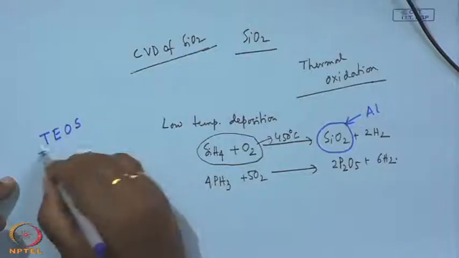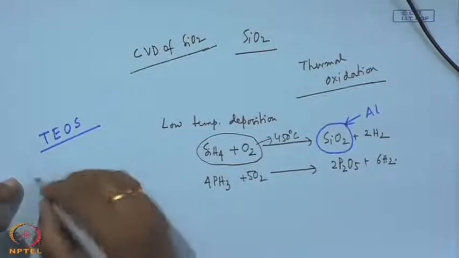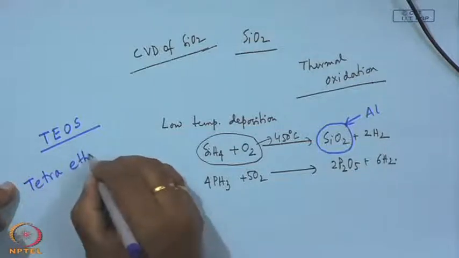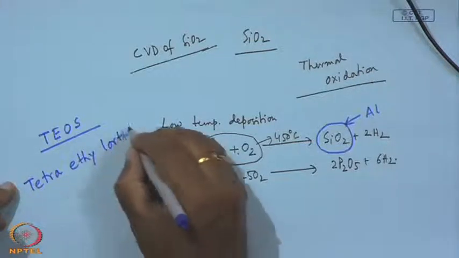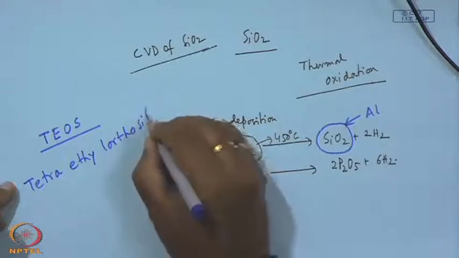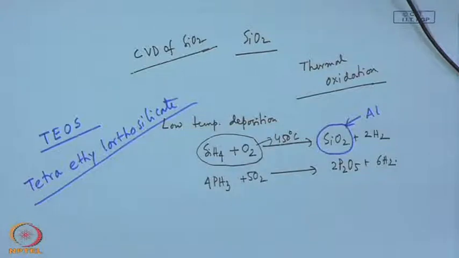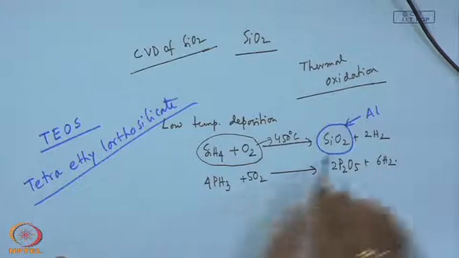This TEOS is known as tetraethyl orthosilicate. It is an organometallic compound which is decomposed at a temperature of, say, 700 degrees centigrade to obtain SiO2.